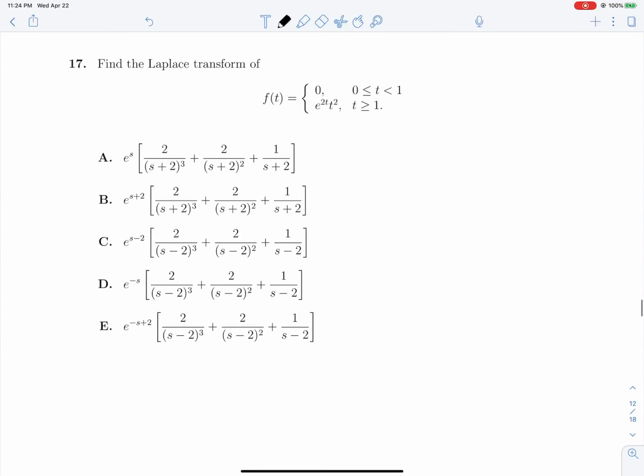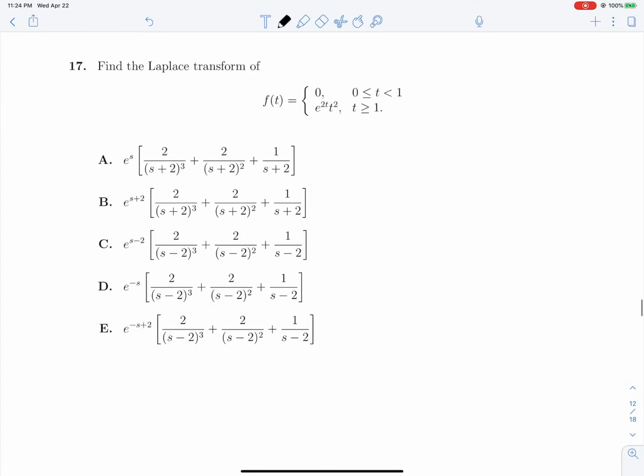For 17 though, let's find the Laplace transform of something a lot easier in some ways, but you kind of have to do a little more mental gymnastics and less brute force pain. So between t equal to 0 and t equal to 1, we want our function to be equal to 0. So I'm not going to really do anything for that, but we'll add a u1 of t, which is the unit step function at 1 of t.